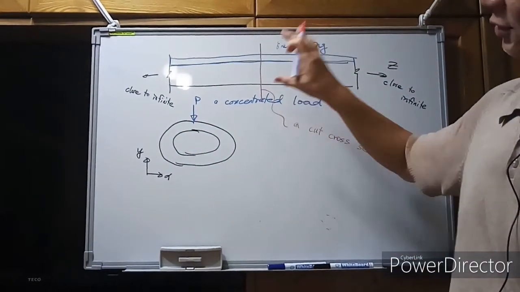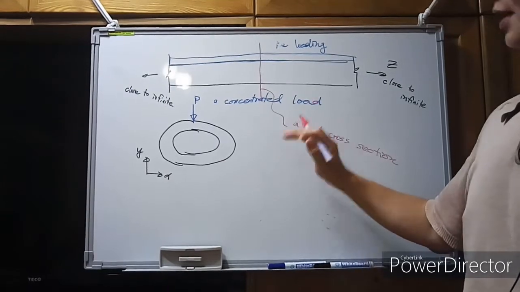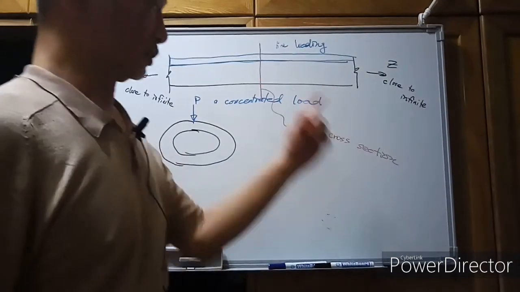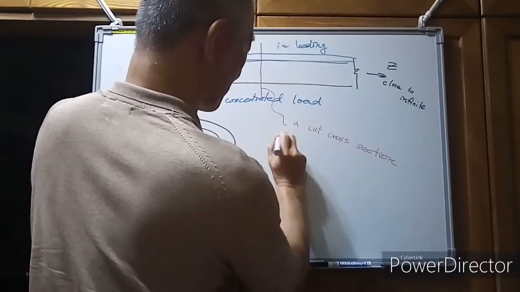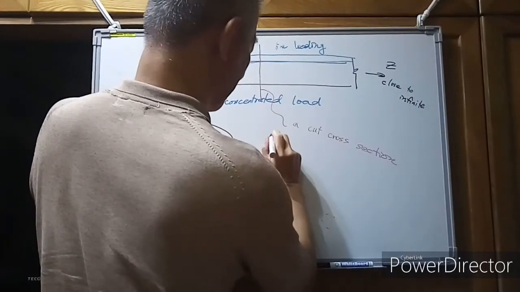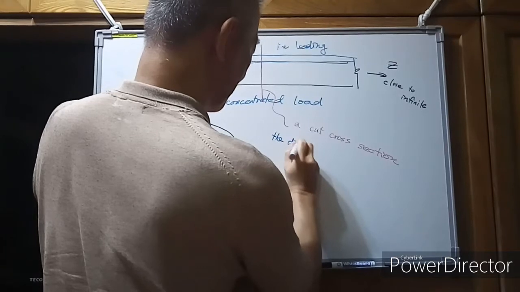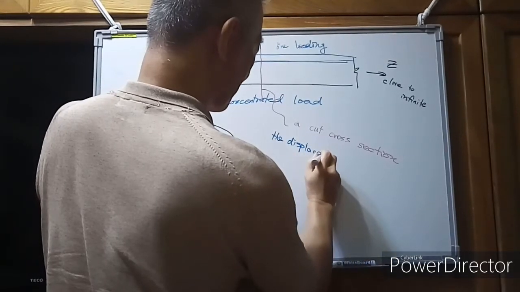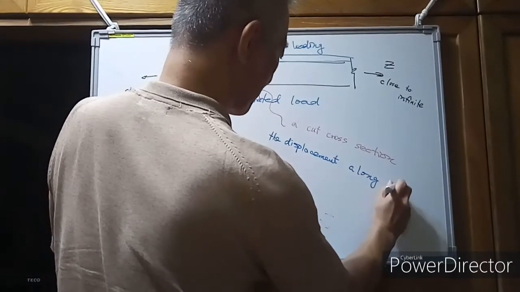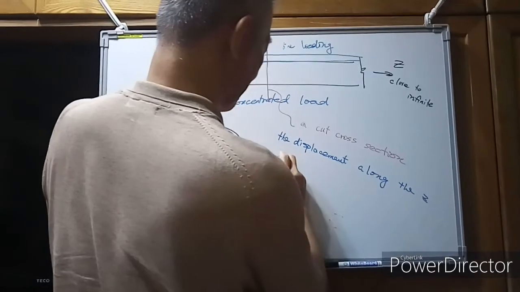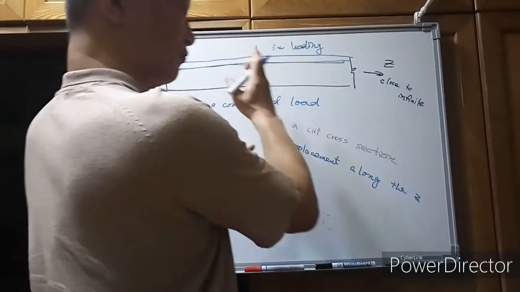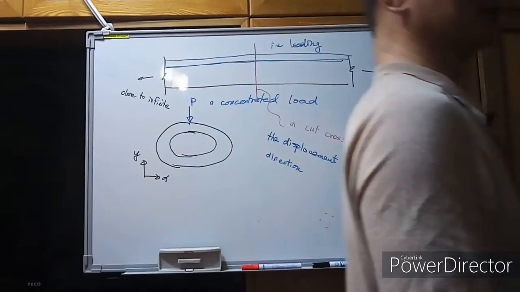If we take a lateral view of the tunnel, my question is about the displacement of all the points on the cross section.